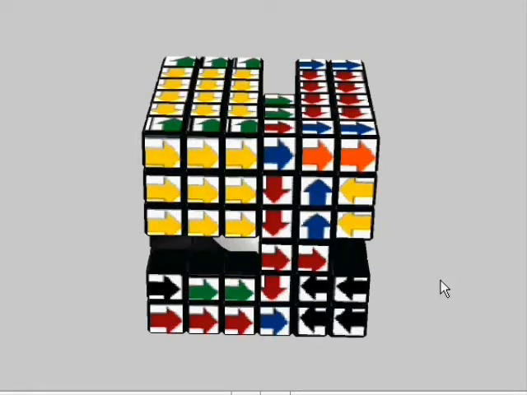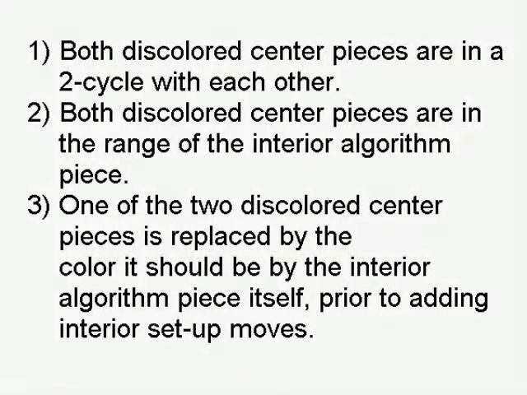This is not always the case for every algorithm. You will still sometimes get algorithms that have two center pieces swapped like this that are visually discolored, but the algorithm piece does not do this. The three characteristics an algorithm must have in order for us to be able to insert interior setup moves to not discolor two center pieces which are currently discolored by the entire algorithm are the following.